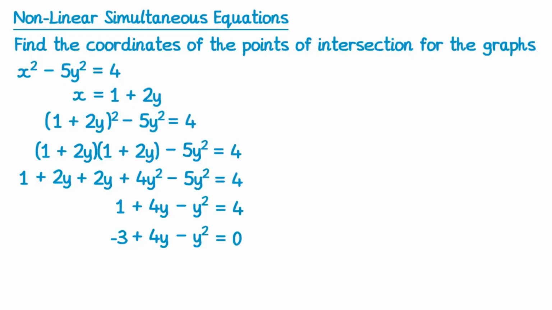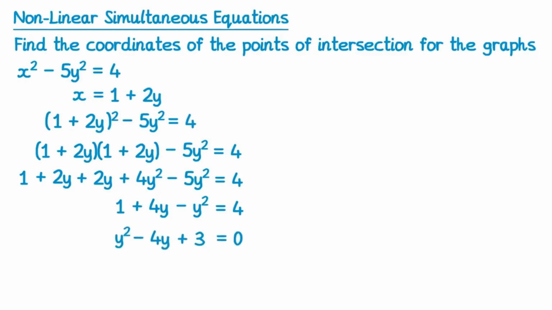So instead of that negative y squared, we get a positive y squared. Instead of positive 4y, we get a negative 4y. And instead of a negative 3, we get a positive 3. And if you multiply the right hand side by negative 1, well 0 times negative 1 is still 0. This quadratic's now in a much nicer form and it will be easier to factorize.